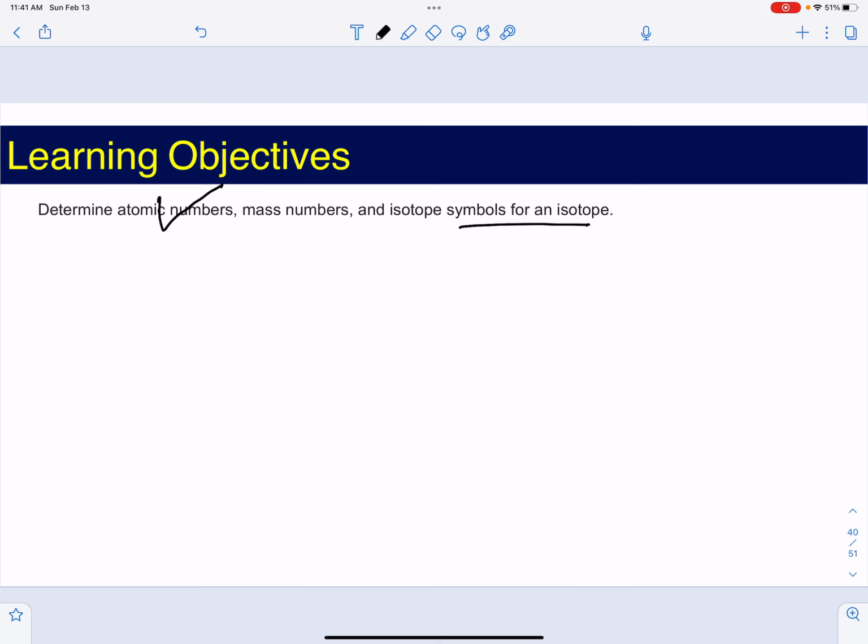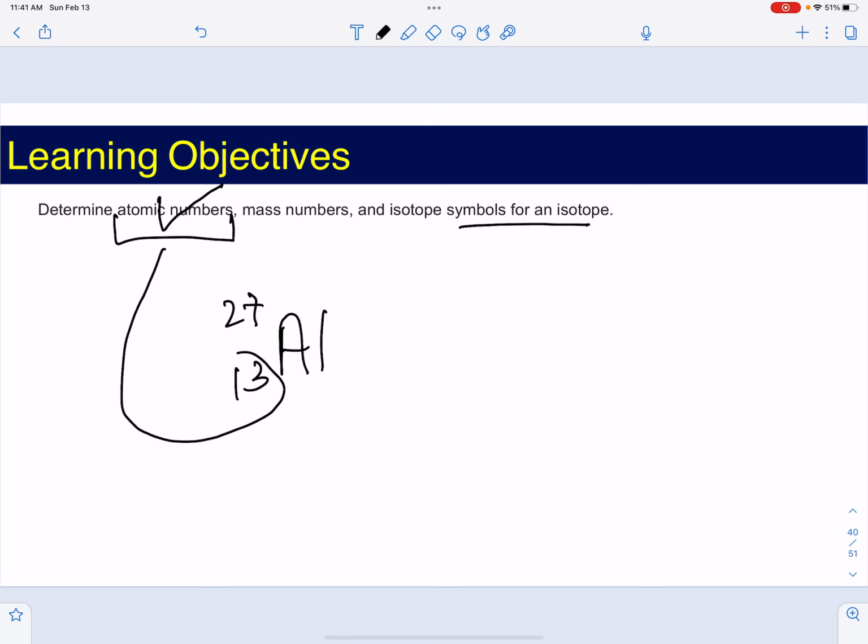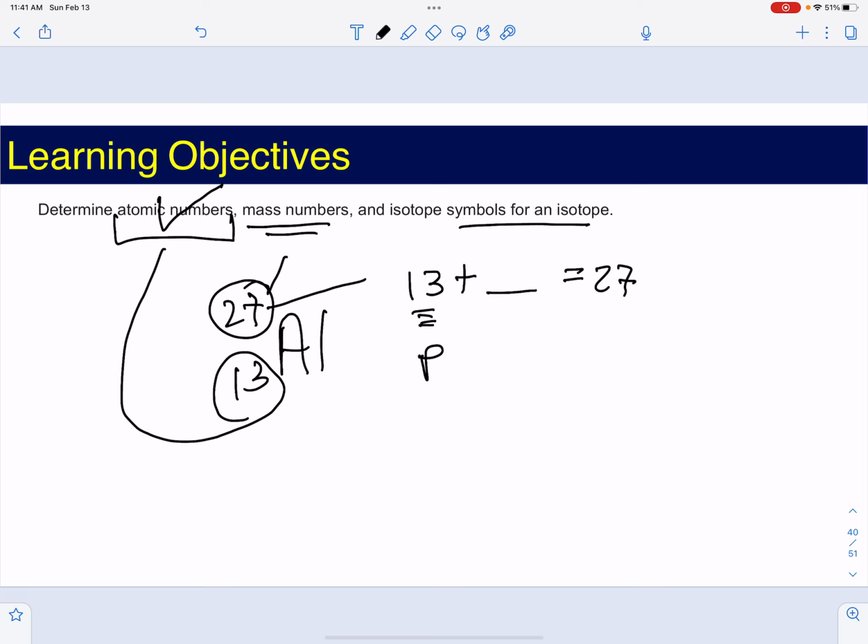So basically, if I gave you this isotopic symbol, you can say that the atomic number is 13, the mass number is 27, therefore 13 plus something equals 27. 13 is the number of protons, this will be the number of neutrons, so you got 14 neutrons.